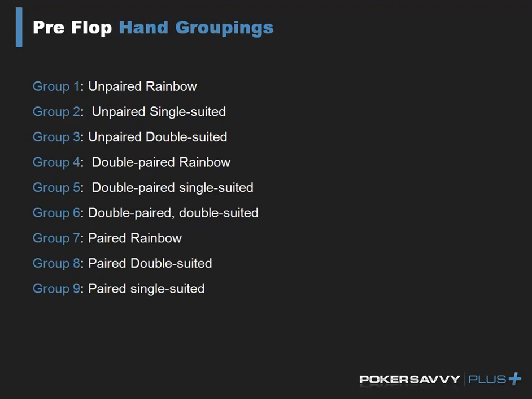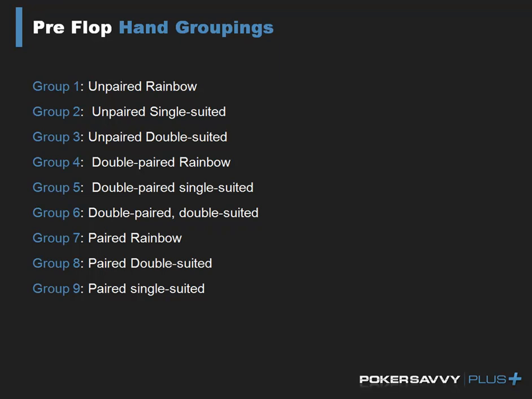Now we're going to talk a little bit about some pre-flop hand groupings. I've set these up to go down this list of 9 subcategories of all the starting hands, and to talk a little bit about the different types of hands within them. You could break these down a lot further, and if you ended up with starting hand groupings at the level of detail of Hold'em starting hand groupings, you'd be looking at more than 100 different categories, and that's not something we can get into in a 45-minute video.